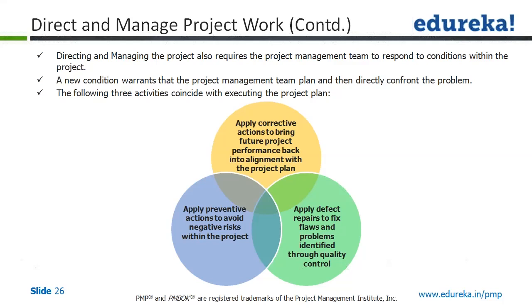The below three activities coincide with executing the project plan. First, apply corrective actions to ensure that the remaining performance of the project comes in line. The second is apply preventive actions to avoid the negative risks. And the third, which is green in color, is apply defect repairs to fix flaws and problems identified through the quality control process.